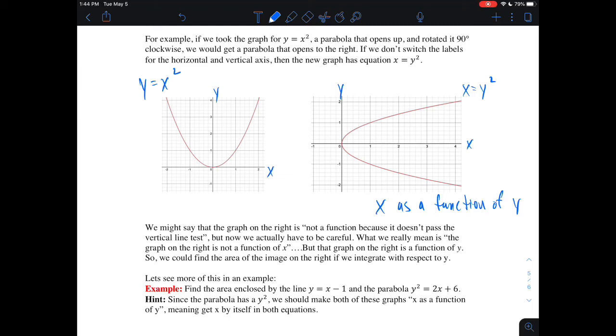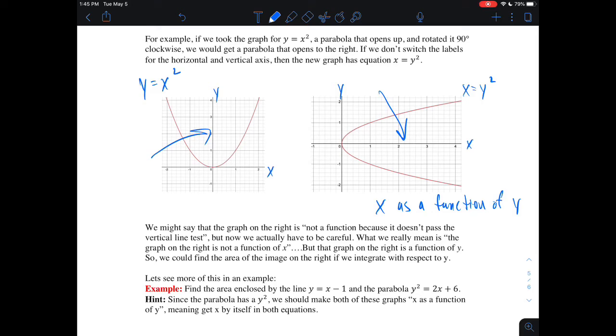And this is actually important because while we could find areas related to the first graph, why shouldn't we be able to find areas related to the second graph? Things shouldn't have to change just because we've flipped a little bit of the ideas of what these pictures look like. In fact, that seems obvious because if you wanted to find the area related to the function that's on the right, you could just rotate your page 90 degrees and then you could just go back to what we've been doing before.